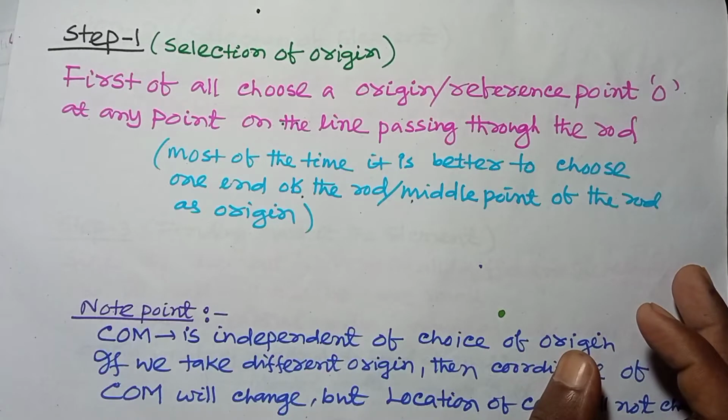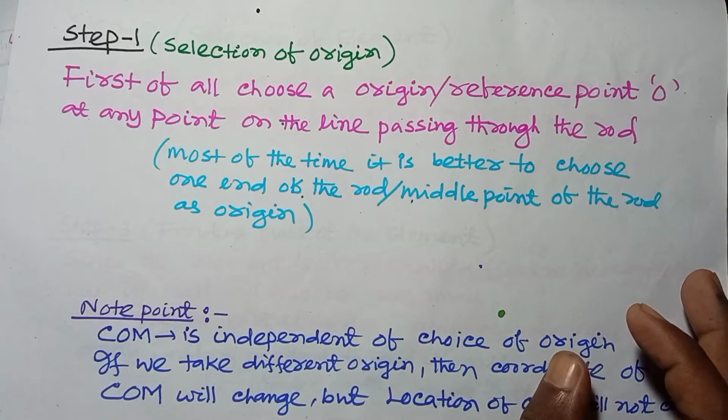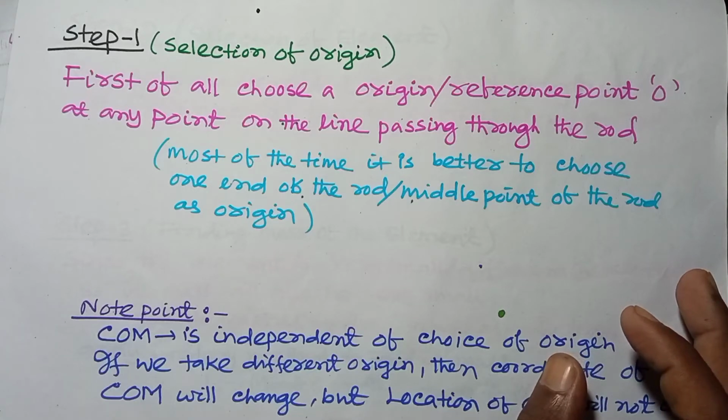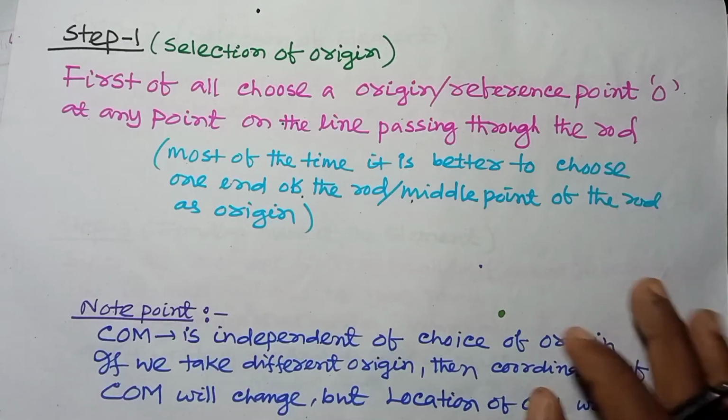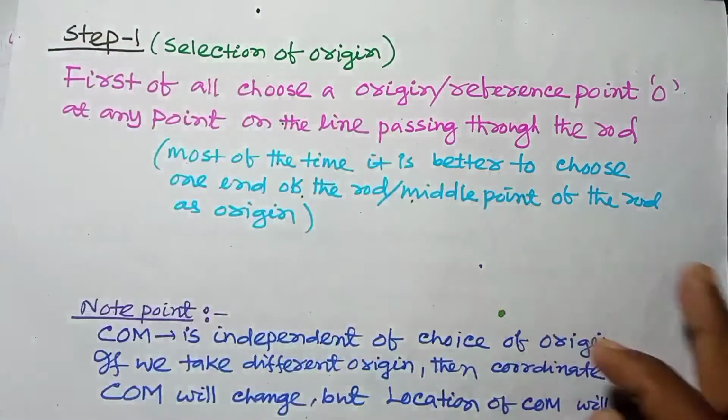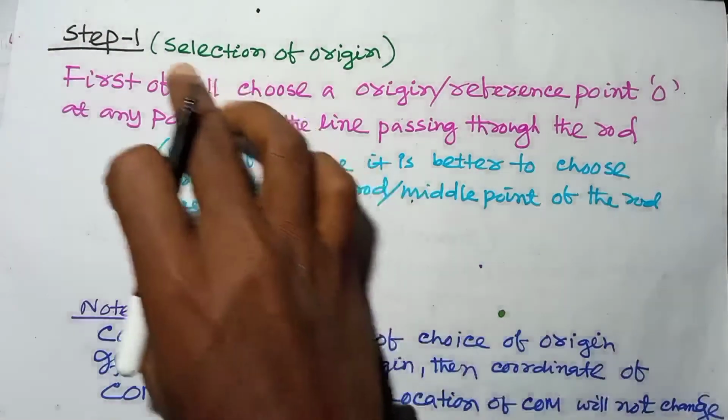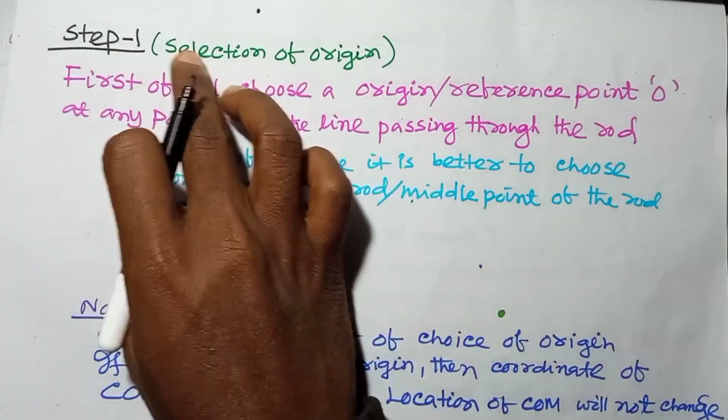So here is the step-by-step approach to find the center of mass of a uniform rod by the help of the integration technique. Step number 1 is selection of origin.